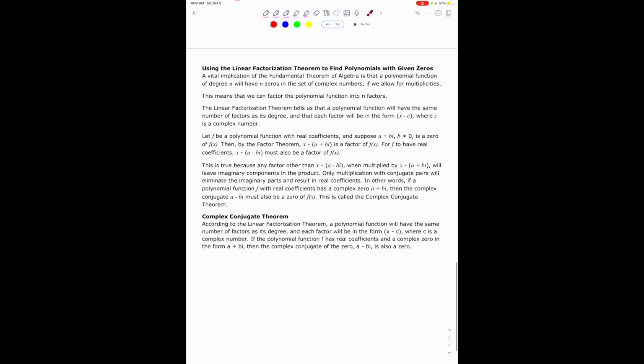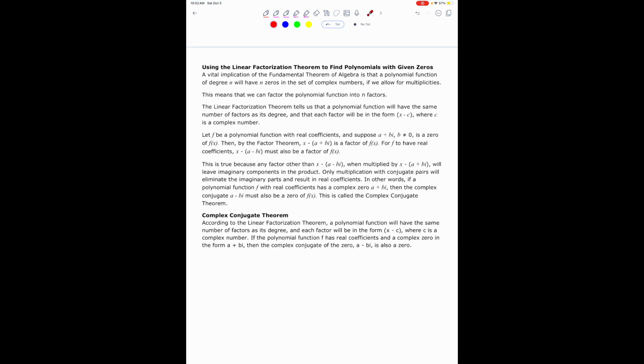Hopefully that is clear. One last thing here: using the linear factorization theorem to find polynomials with given zeros. A vital implication of the fundamental theorem of algebra is that a polynomial function of degree n will have n zeros. That's what we're repeating here.